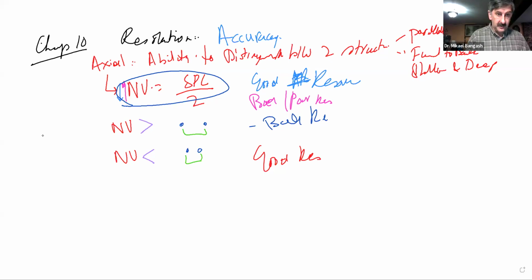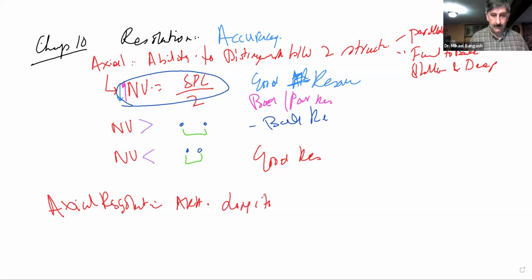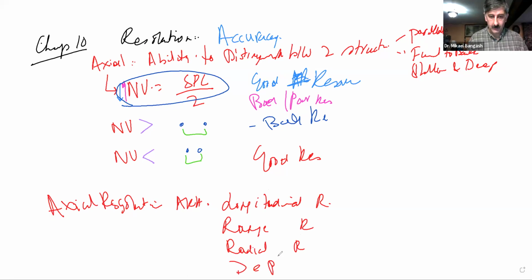Please make sure that you know that your axial resolution can also be known as the longitudinal resolution. It can be called range resolution, radial resolution, and depth resolution.